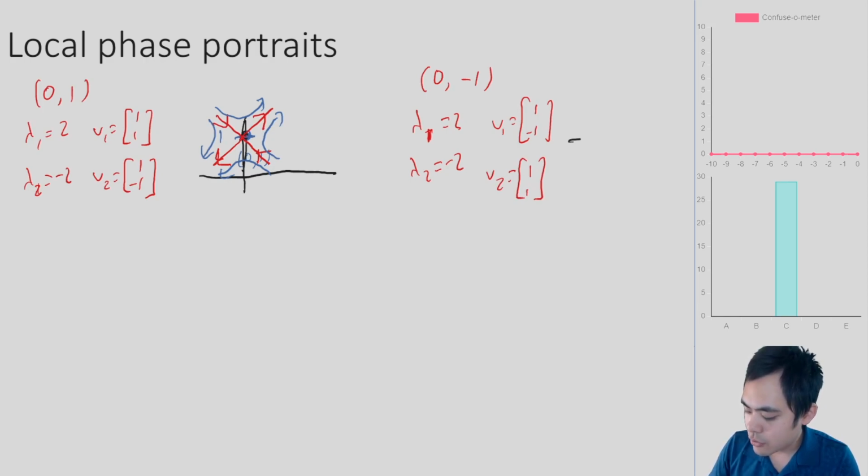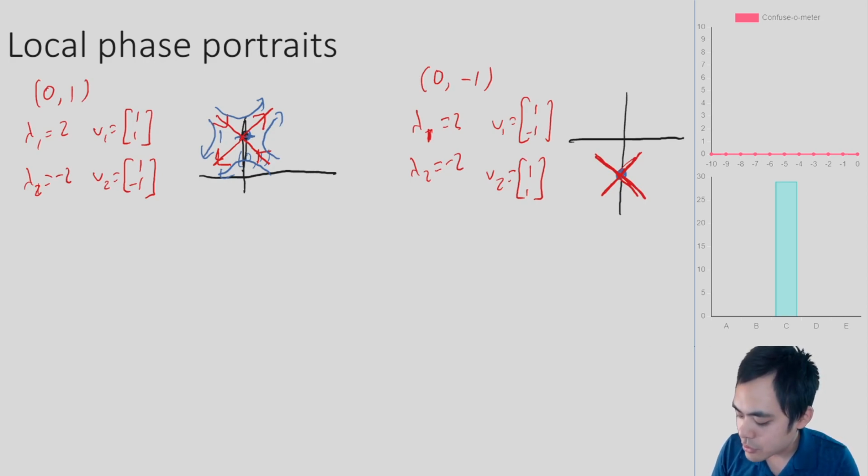Note that here, if you look on the plane, this is (0, -1), so that's this point here. Our eigenvectors still go in the (1, 1) direction, so we have an eigenvector going this direction, and another eigenvector going this direction. But now on this one, the eigenvector (1, 1) has a negative eigenvalue, so that goes inward, and the other one goes outward. And so this is a saddle point that goes in the opposite direction of the previous one.